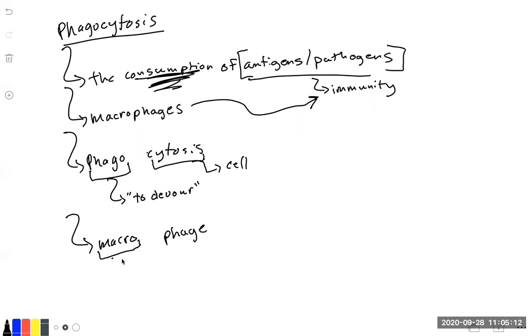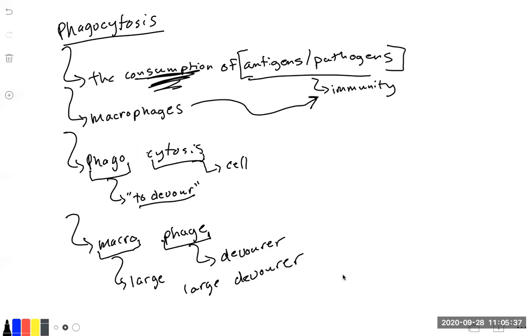Macro is just Latin. You've probably heard that prefix for large. And phago is the verb to devour. Phage would be the noun, so it is the devourer. So a macrophage is a large devourer. And you will see that in a moment. Let's get into the mechanism.